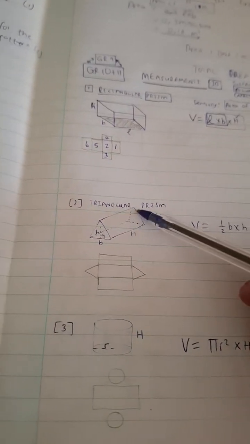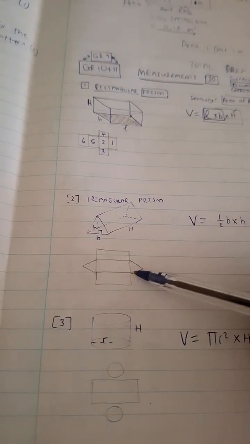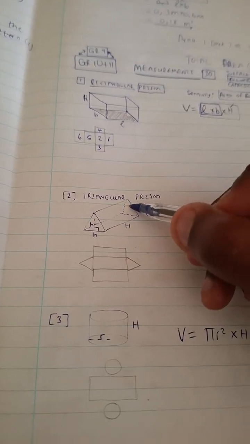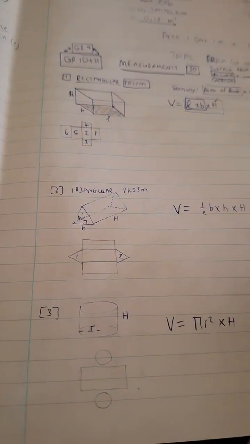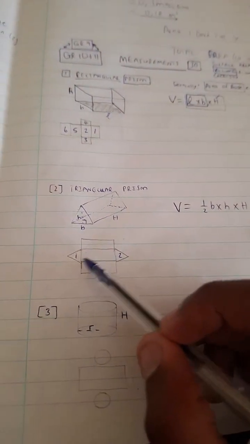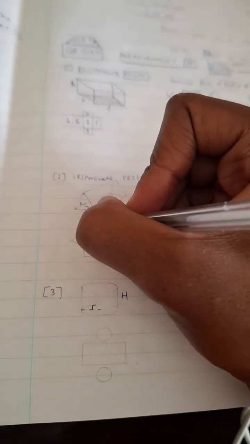When we open up the net of this triangular prism, this is what you see. You see this triangle here and this back triangle there. So there are 2 triangles, which means we are going to be calculating the area of 2 triangles and adding their areas together. Then how many rectangles?